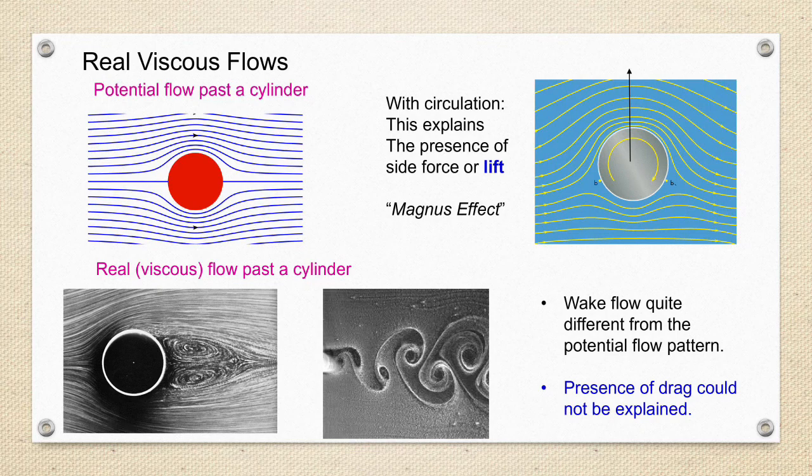And then, depending upon the speed, you can also have unsteadiness in the wake. And this is the so-called von Karman vortex street. This is a beautiful pattern which is present in the wake. But in any case, the presence of wake and the drag which a body experiences because of the presence of wake, which essentially goes back to the effect of viscosity, could not be explained in the context of potential flow theory.